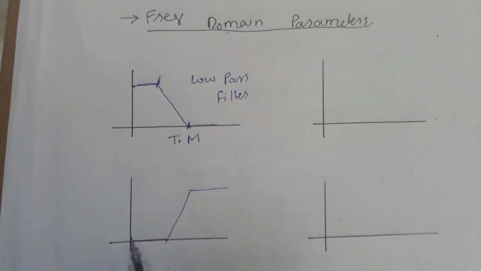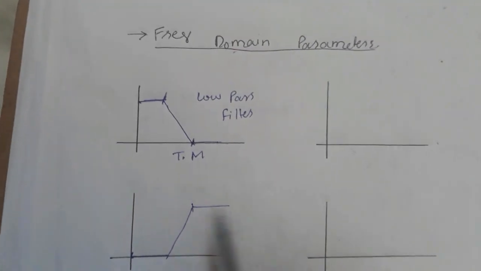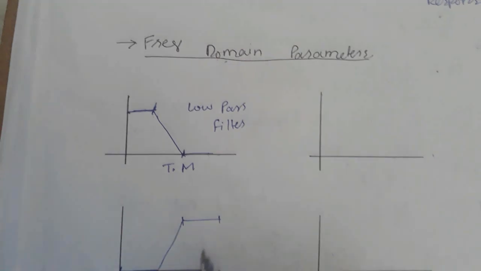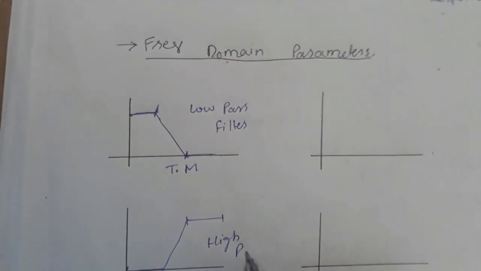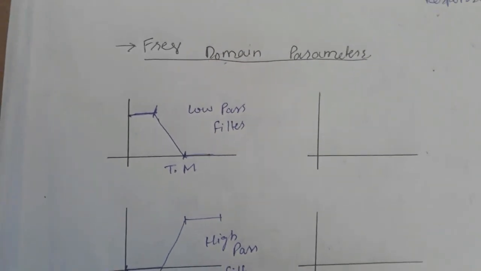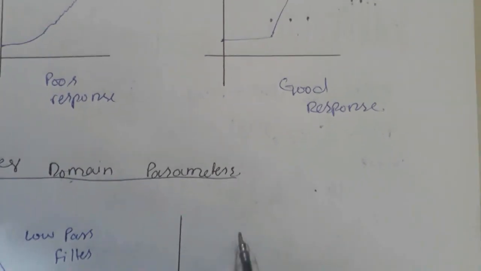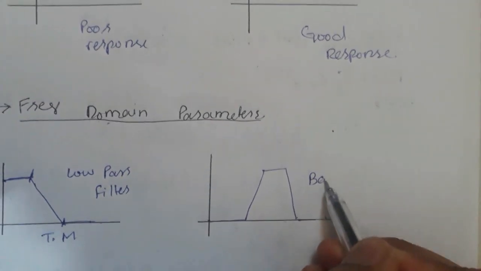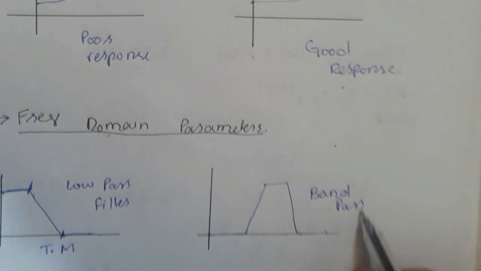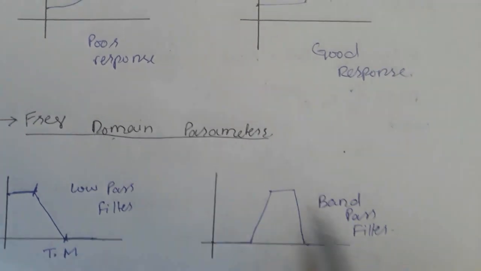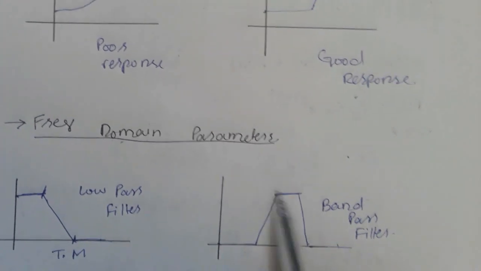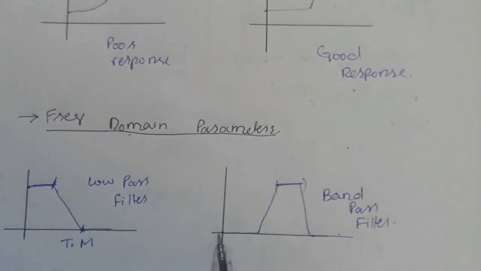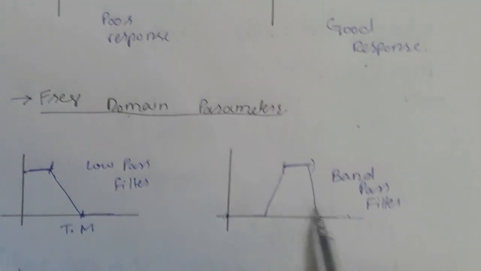Here the low frequency doesn't pass, while the high frequency does pass. So this is the high pass filter. Now this one is the band pass filter, because here a specific part of the frequency passes while the rest does not.